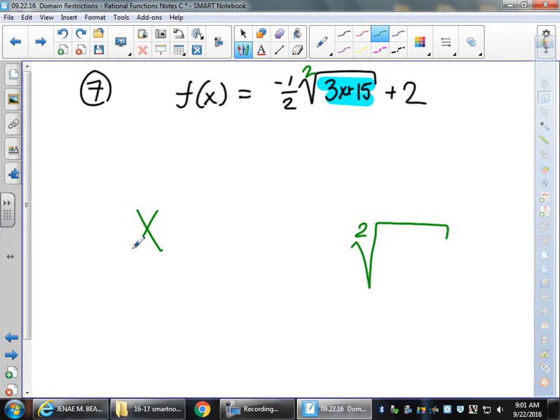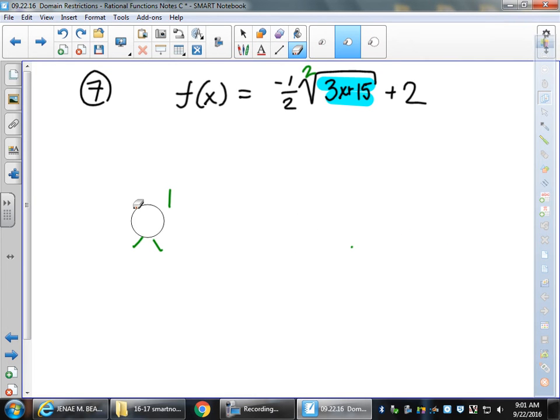Just like x is technically x to the first, but nobody ever puts the 1. There's always been a 2 right there. It's just never written. So that's how you know a square root is even. Yeah, this negative 1/2 and this 2 would affect the shape of the graph, but have nothing to do with the domain. So what inequality am I going to set up?